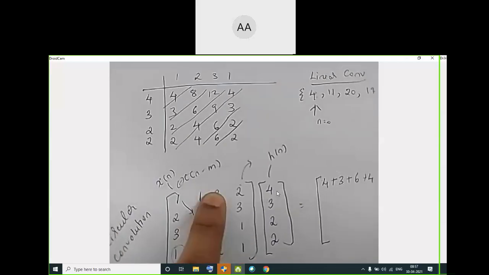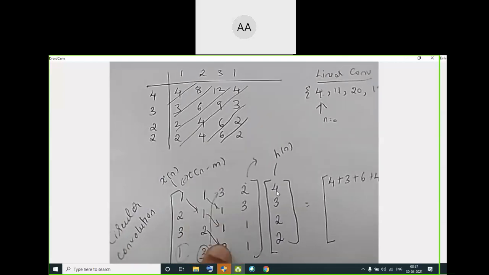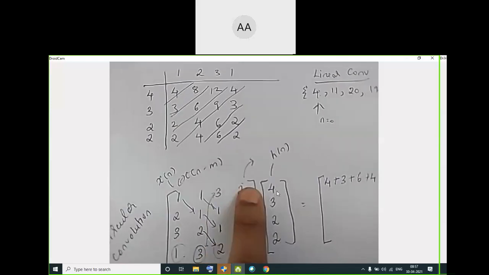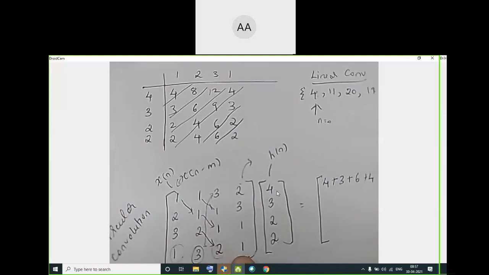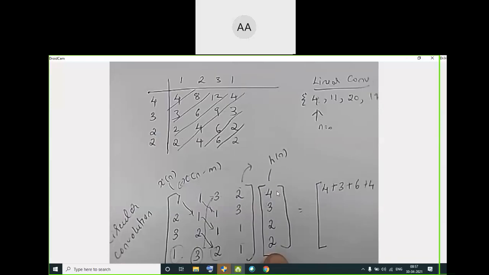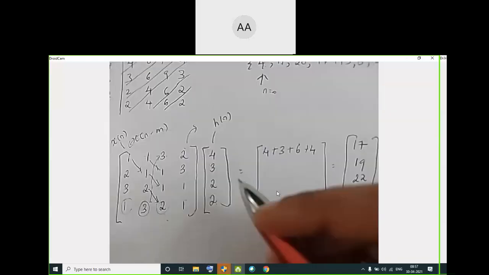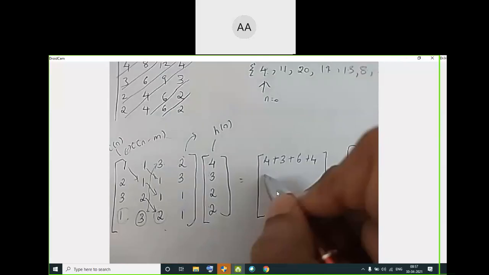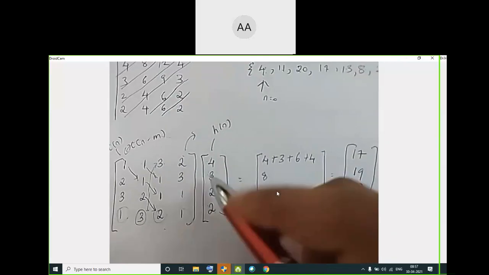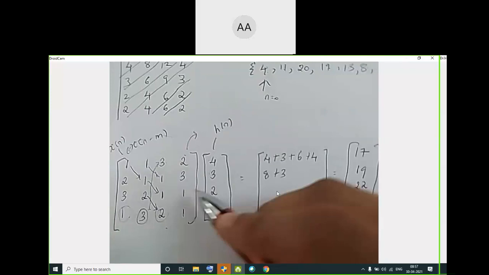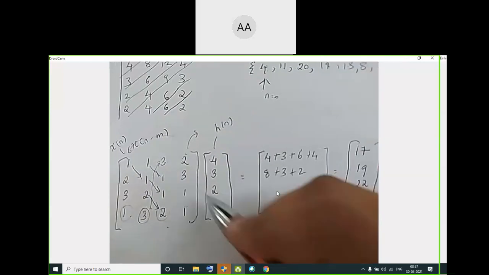Last value you write first, keep shifting the rest of the terms. Again, last value you write first, keep shifting the rest of the terms. Multiply with h of n. Then you add everything. So add and tell me, this will be 4 into 2, 8, plus 3, plus 2, plus 6.